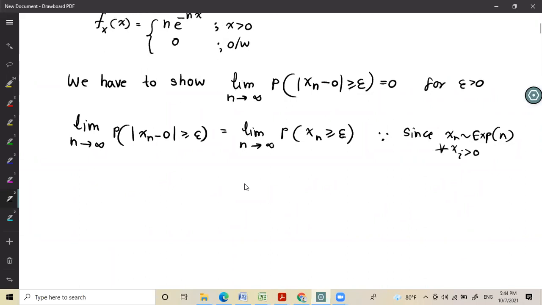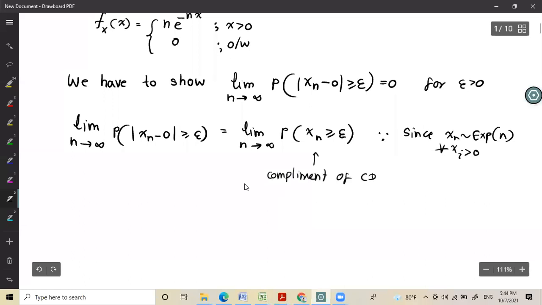Now, if you look at this probability, this is the complement of the CDF. Why are we saying it is the complement of the CDF? How do you write the CDF? The CDF is capital F of x, and the definition is the probability that X is less than or equal to x. The complement is 1 minus F of x, which is the probability that X is greater than or equal to x.